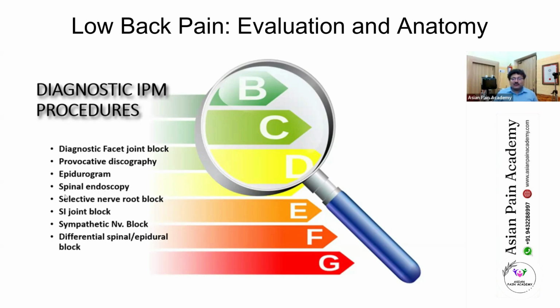Then selective nerve root block, as I just gave the example of the nerve root. Similarly, SI joint block, nowadays called SI joint intervention. The initial diagnostic intervention is basically injecting a small amount of local anesthetic, and sometimes steroid to give some therapeutic benefit.